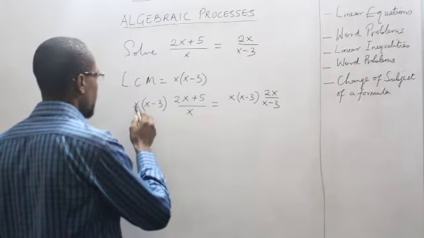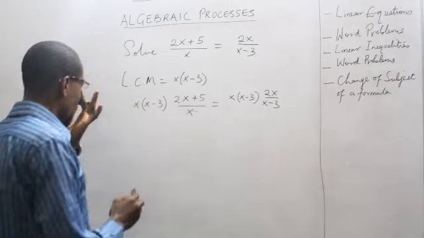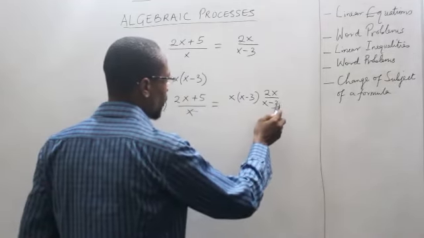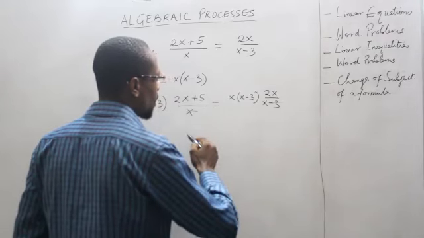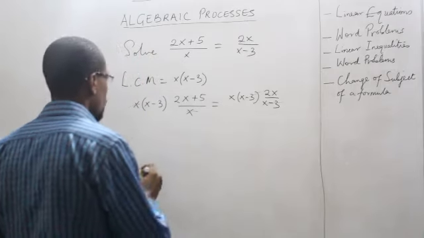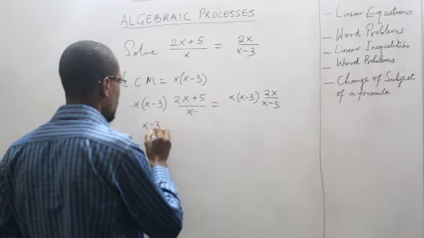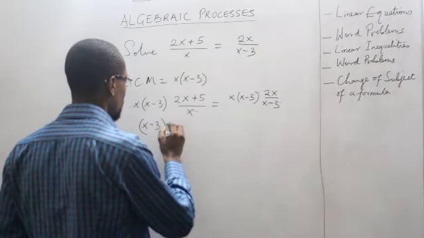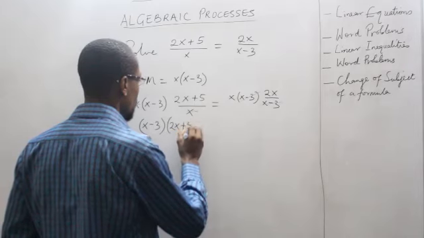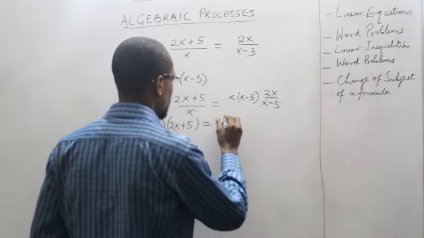In this case, this x will cancel out this x, while x minus 3 will go with x minus 3, and so we'll have x minus 3 into 2x plus 5 equals x into 2x.